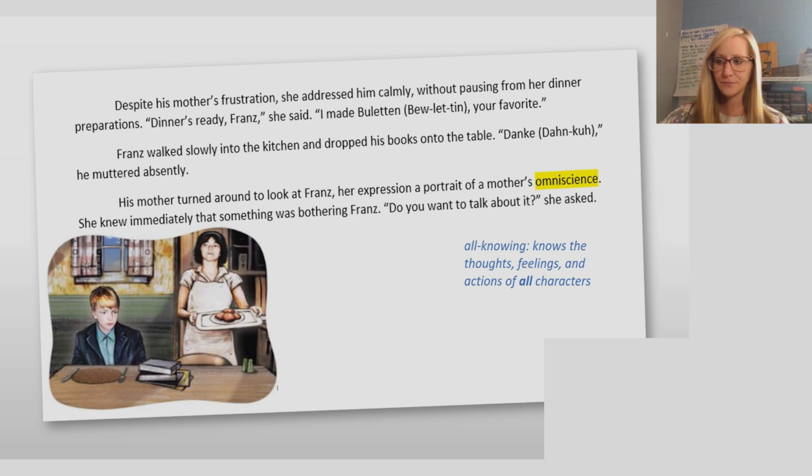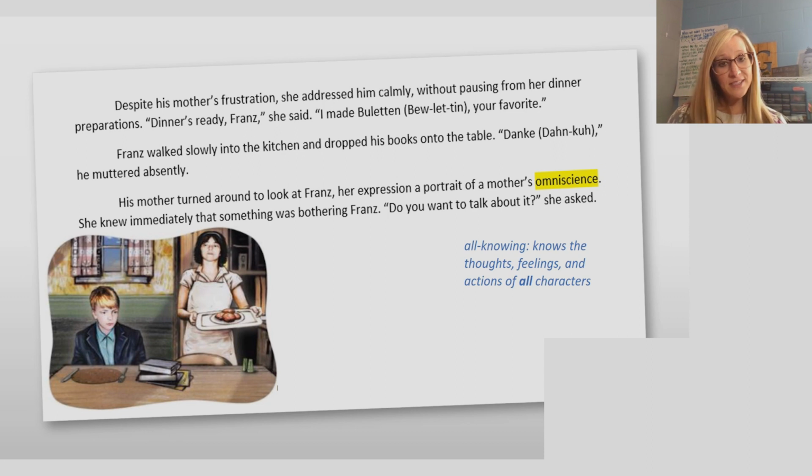She asked. So I like that Franz's mom has been described here as her expression of a portrait of a mother's omniscience. We are learning a lot about his mother through her expressions because earlier she had the look of admonishment and now she has this kind of omniscience look to her. Think about where you may have heard the word omniscience before.